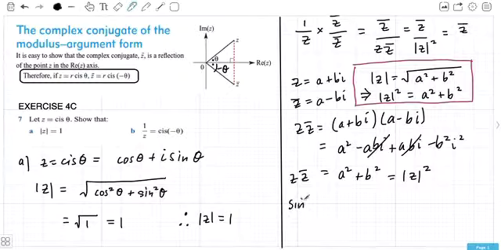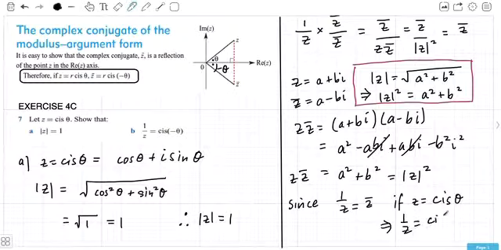Now since 1 over z equals z bar, and we know that z bar can be given in this form, r cis negative theta, if z equals cis theta, then that implies that 1 over z equals cis negative theta because of what z bar is from here. So you're using this result here that z bar is the reflection, and you could state that as well. z bar is a reflection of z across the x-axis. I've run out of room, but you could state that at the end there as well.